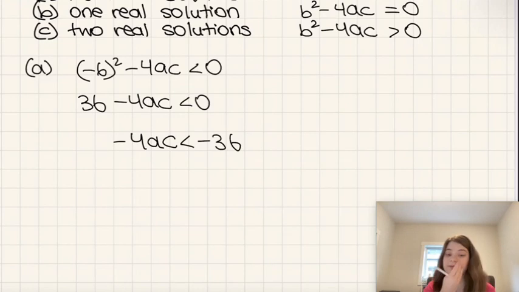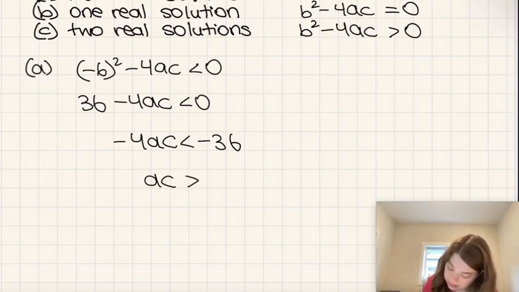And then my last step is I'm going to divide both sides by negative 4. And recall that when we're using inequalities, the sign flips whenever we multiply or divide a negative number through our inequality sign. So when I divided both sides by negative 4 in this last step, I also flipped the sign from a less than sign to a greater than sign.